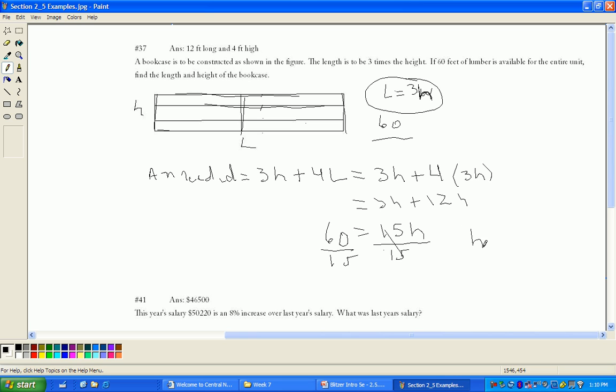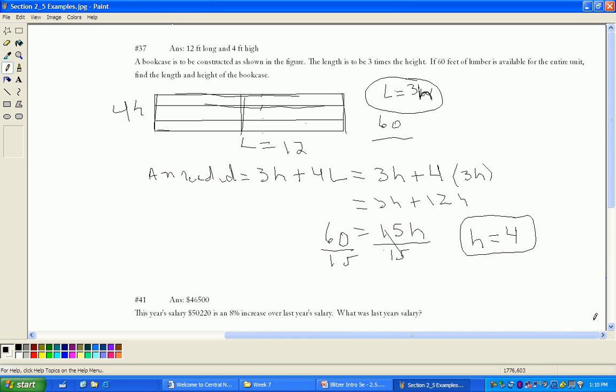H is now going to equal 60 divided by 15, which is 4. With H equal to 4, how long is L? Well, L is 3 times H, so this is going to be 12. So the dimensions of our bookcase are going to be 4 feet by 12 feet.